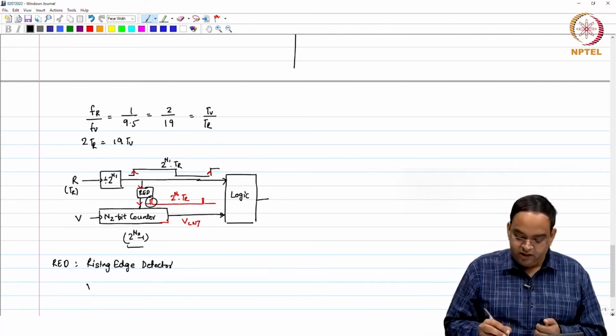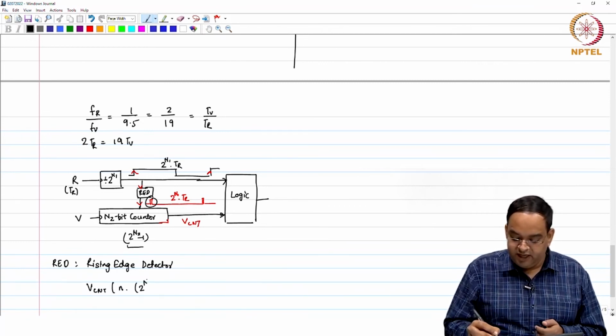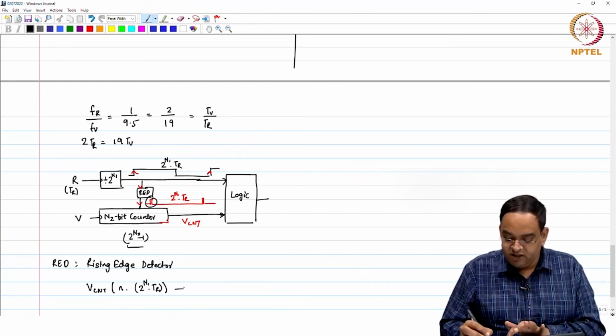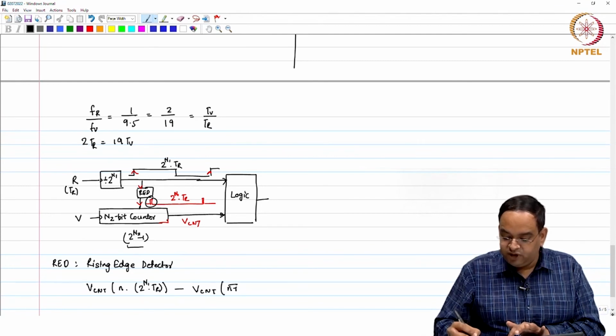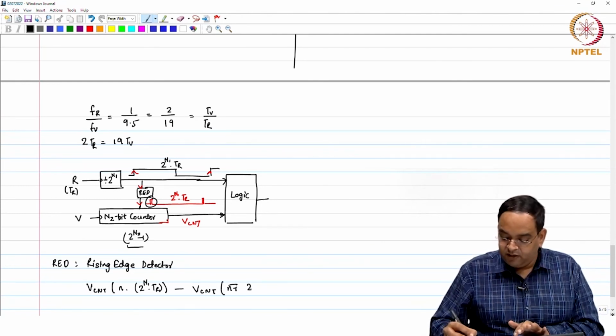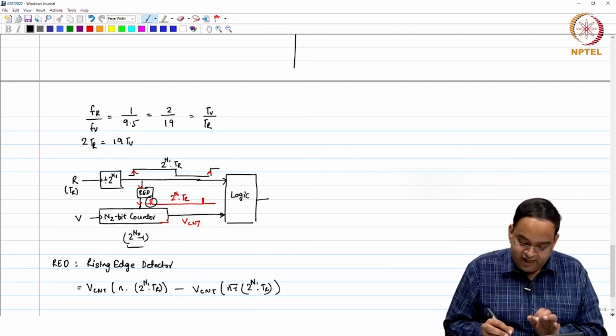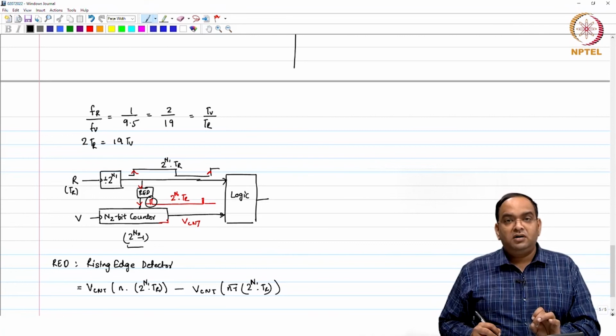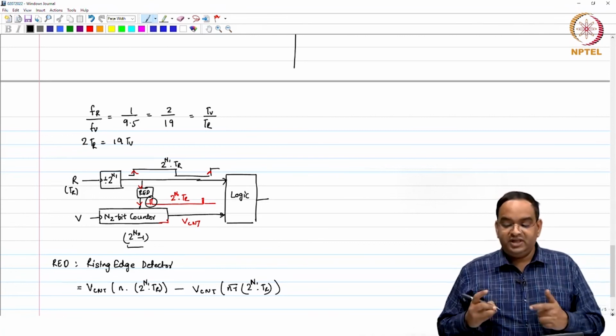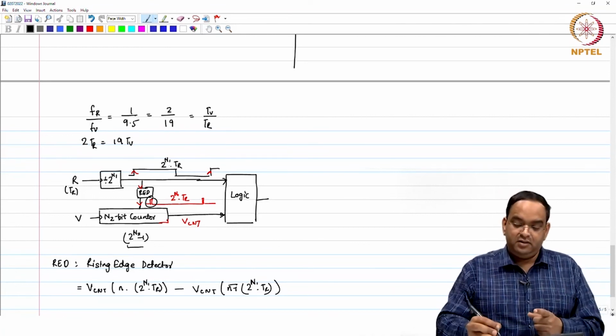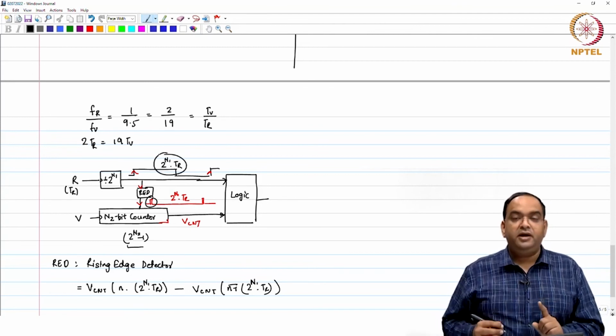So, you can say V count of n times 2 power n1 TR is the count value I am having, minus V count of n minus 1, the previous time. This is the actual count value which you registered in one period here.